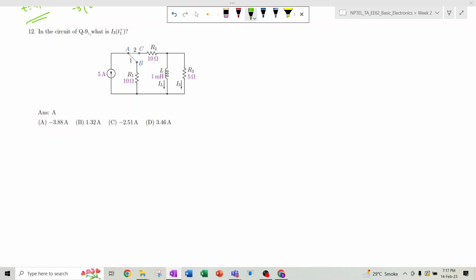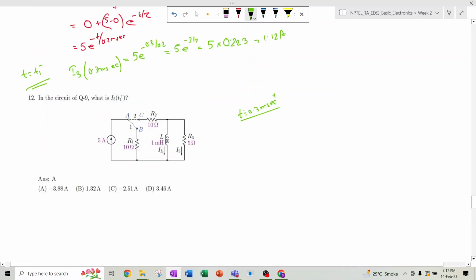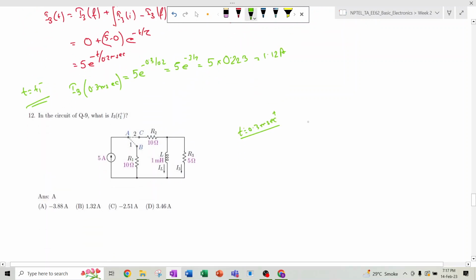In question 9, it is asked, what is the value of I3 at t1 plus? t1 plus means t equal to just after 0.3 millisecond. So remember one thing always.